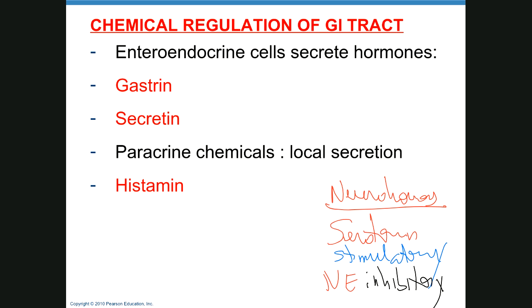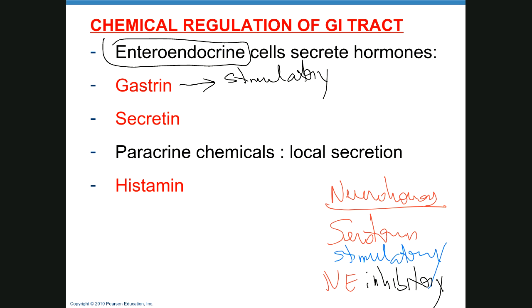Okay, other hormones secreted by the hormone-secreting glands of the GI tract, which are called enteroendocrine cells, are going to be gastrin, which is stimulatory, and secretin, which I'm not going to call stimulatory or inhibitory because it has kind of both. It stimulates parts of the GI tract, inhibits other parts of the GI tract.